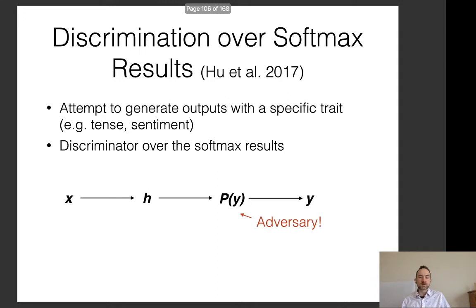You have a discriminator over not the final output, but rather the probability of each action. Because this is still a probability distribution, you haven't yet done the argmax to get the final output. If you apply the adversary here, then that allows you to backprop all the way back.